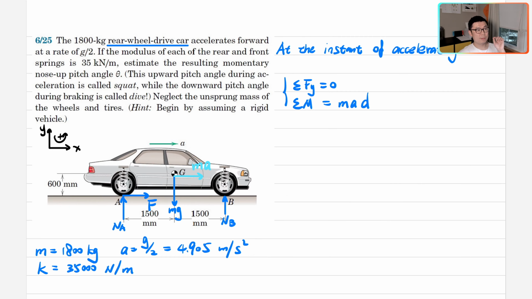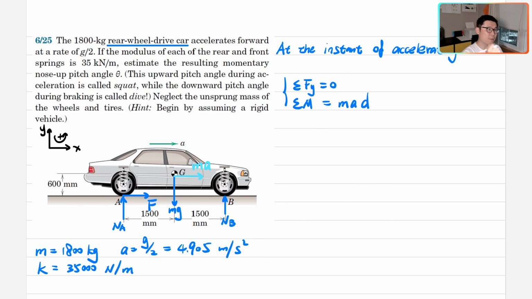Now, it comes to where you choose that point. Remember, you can choose any point on the object or even any point off the object and make all forces make a moment about that point. Now, the thing is, you want to simplify your calculation as much as possible.